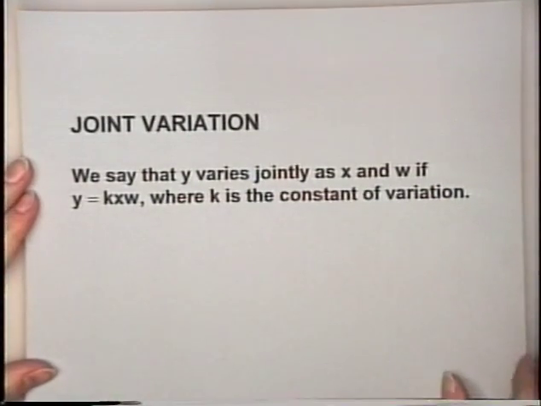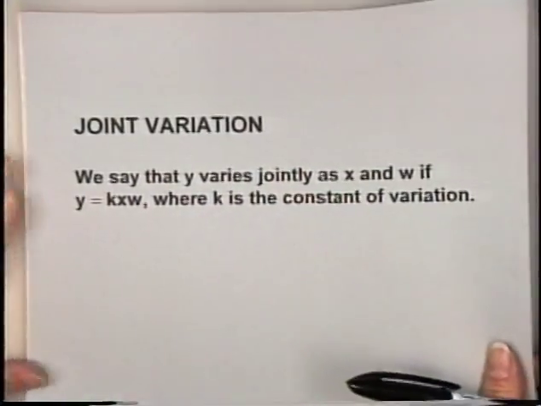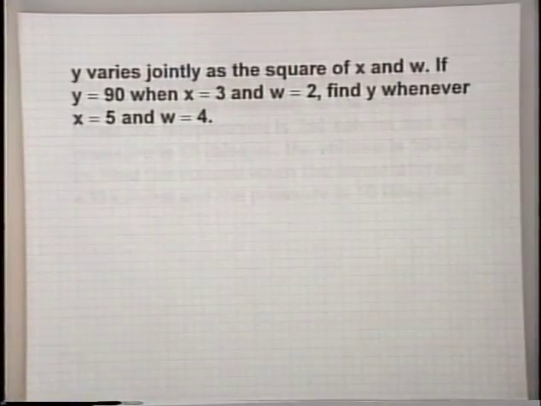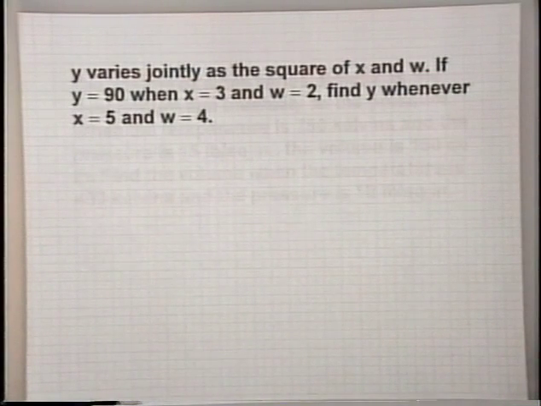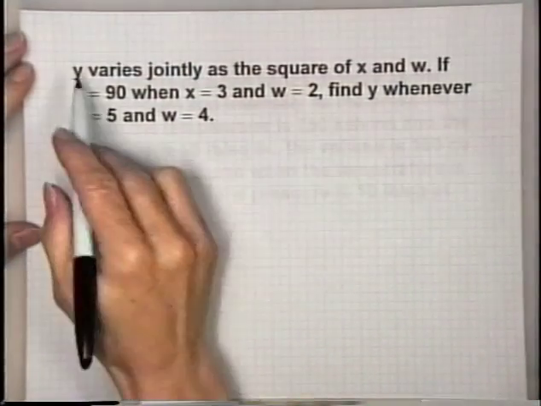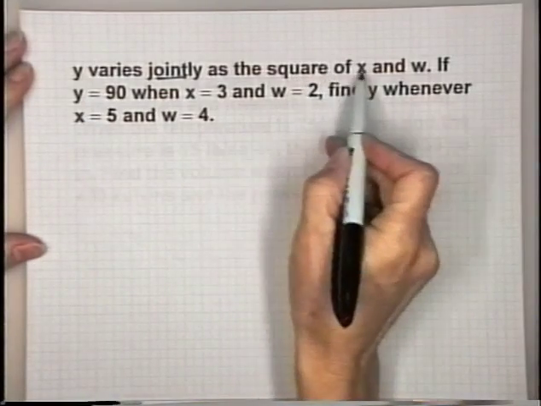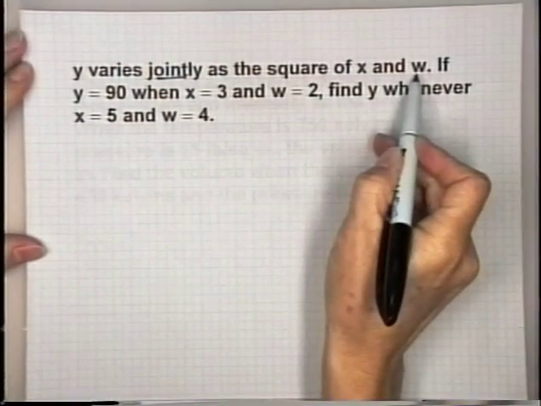Let's take a look at a problem where we use this idea of joint variation. A joint variation is just putting either two direct or a direct and an indirect or inverse variation together. Let's look at this problem. y varies jointly as the square of x and w.